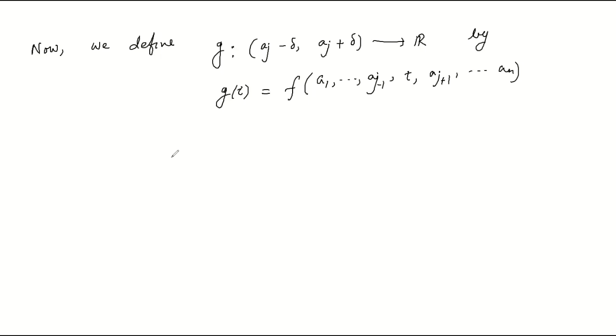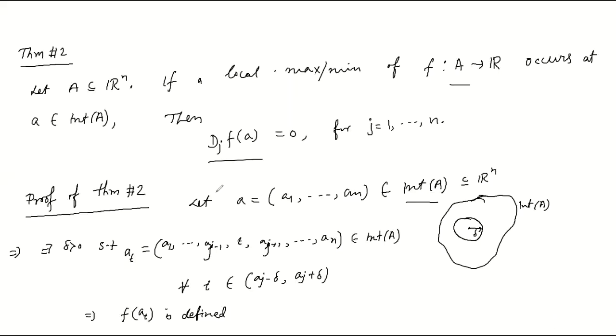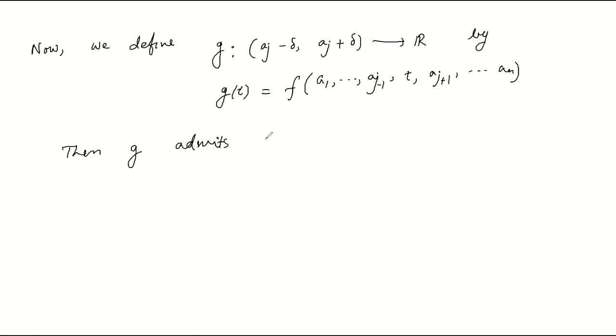Then we have that if f has a local max or min, then g also admits a local max or min at the point t equal to a_j, and this function is defined for every t in the interval a_j minus delta, a_j plus delta.